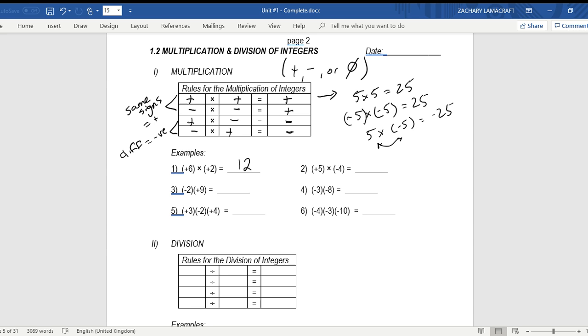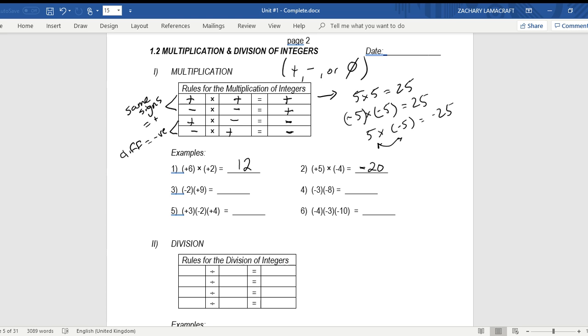If I have positive 5 times negative 4, well, I've got a positive number and a negative number, so I know it's going to be negative. And then 5 times 4 is 20. Same thing with the next question. I have a negative 2 and a positive 9, and I'm multiplying.